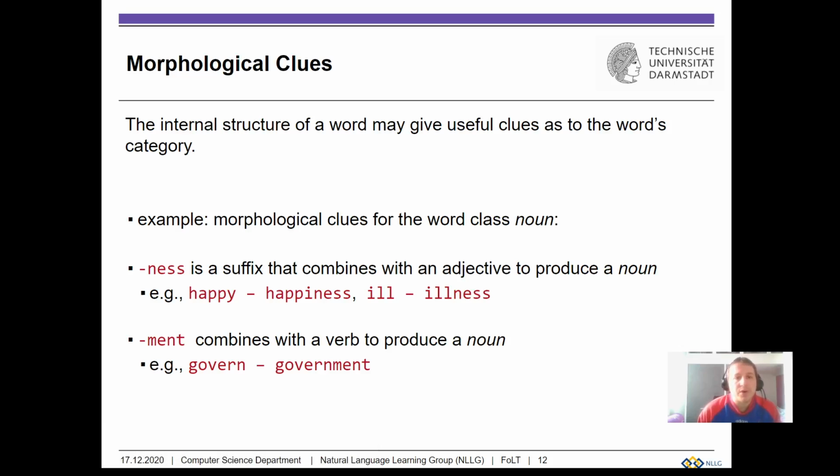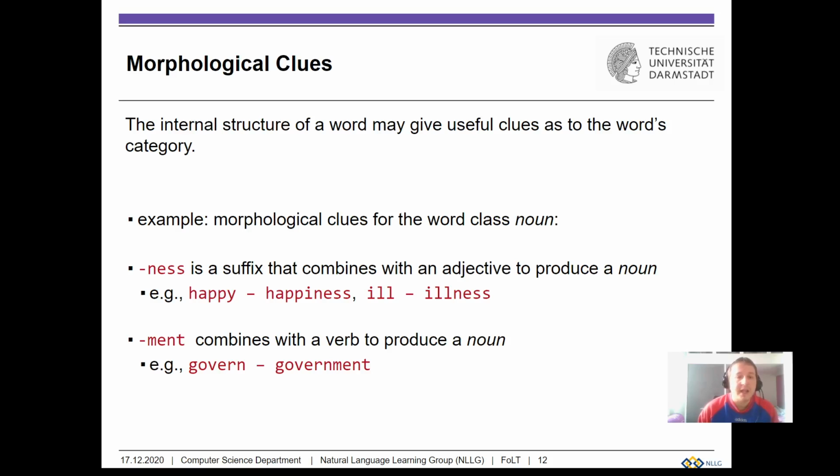When we talk about morphological clues, we talk about the internal structure of a word. The internal structure of a word is oftentimes, in simple terms, a sequence of characters, such as the ending of a word, which would be its suffix, or the beginning of a word, which would be its prefix. Those suffixes and prefixes oftentimes give useful clues for the word class of a word.